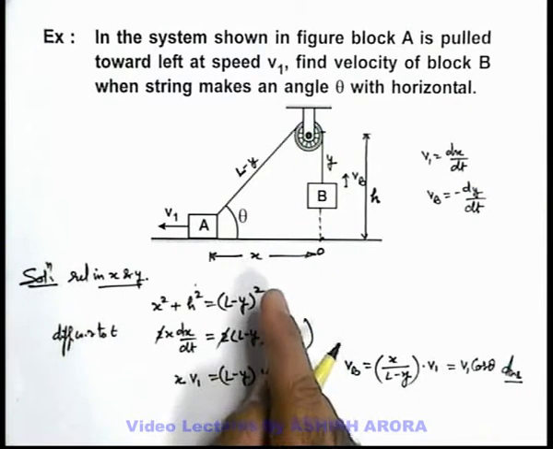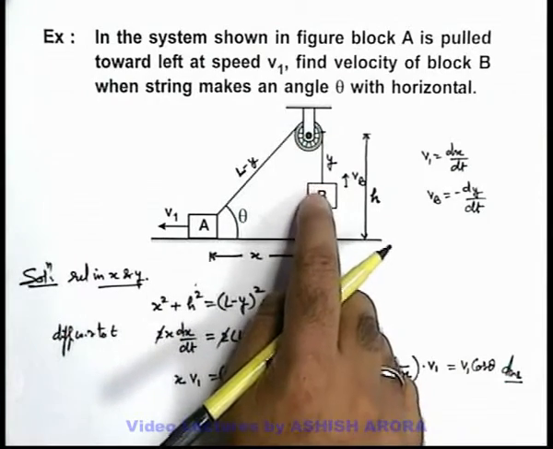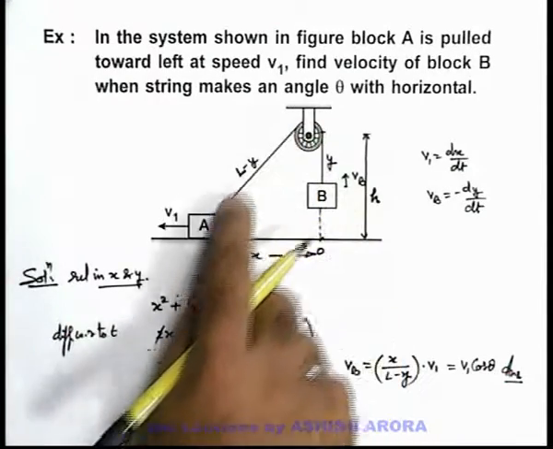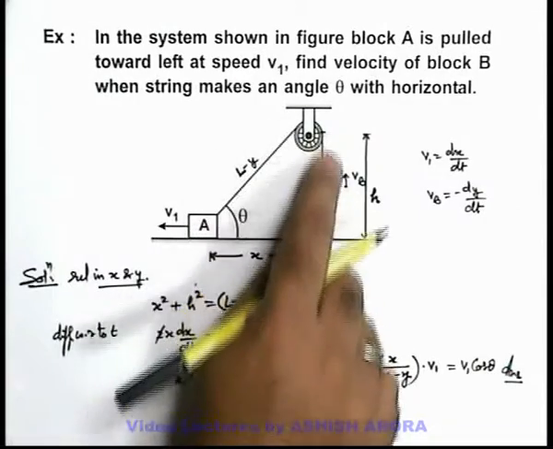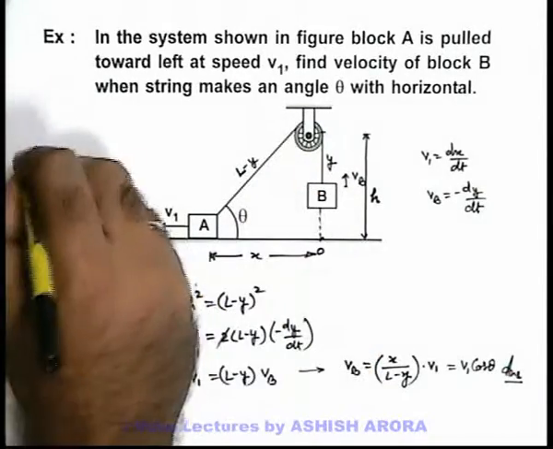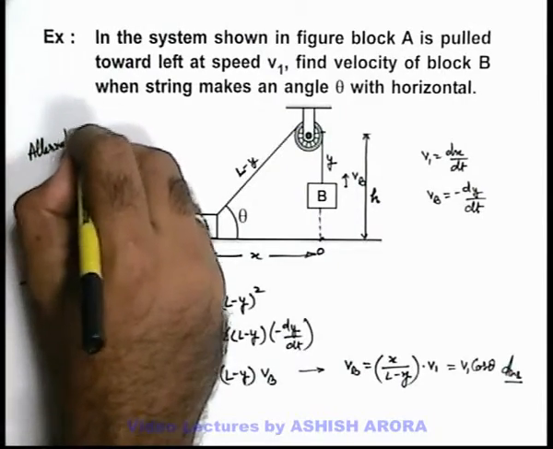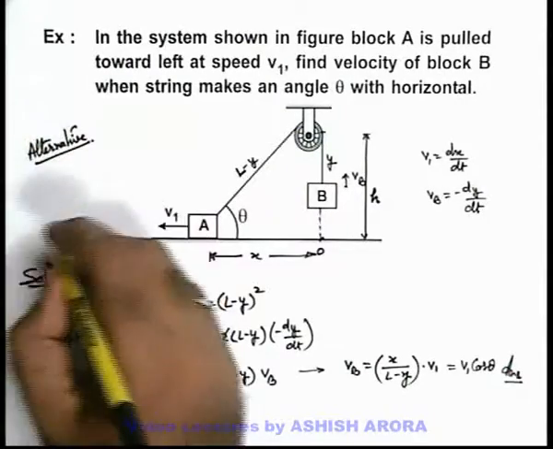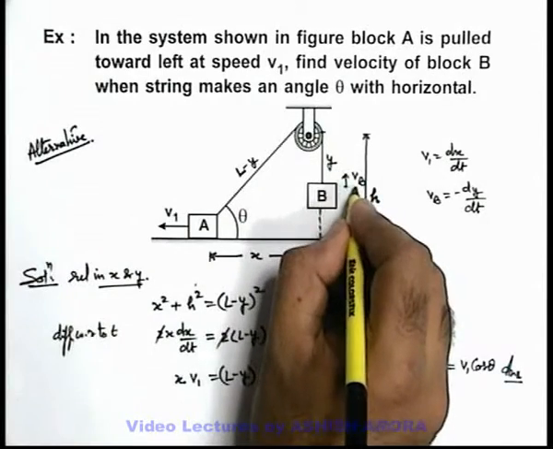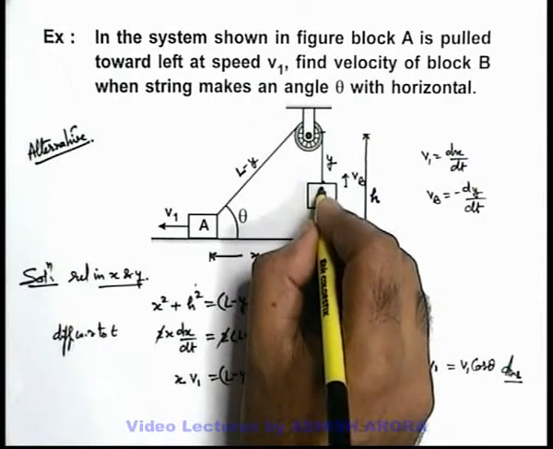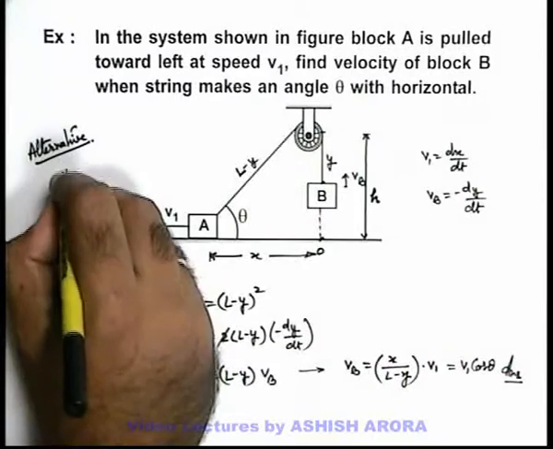As in previous examples we have studied that we can also equate the velocity components along the length of the string. As the string length remains constant, we can simply write in an alternative method over here. As block B is going up with a velocity vb, the velocity of the string along its length will be vb.